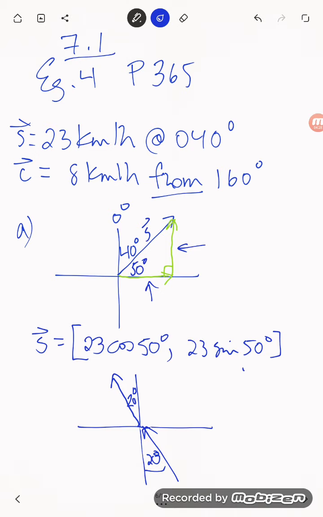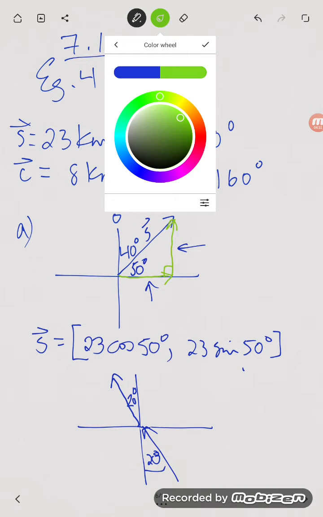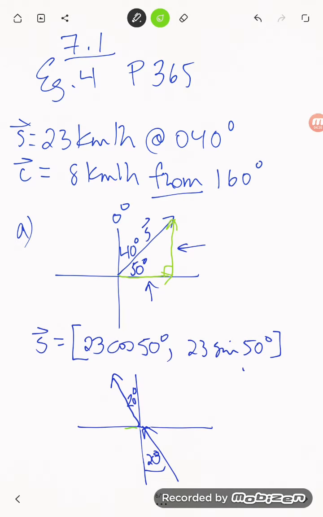But in order to break it up into components for the Cartesian vector, I want the angle to the nearest x-axis, so I'm going to draw in the components like that, which means I want this angle inside the triangle, which would be 70 degrees. Now, in your textbook, they do it with 110 degrees.